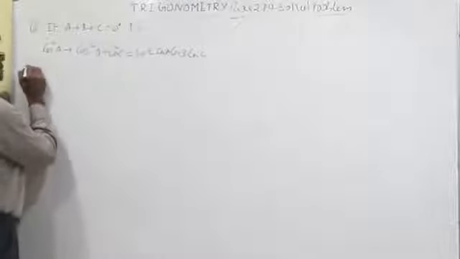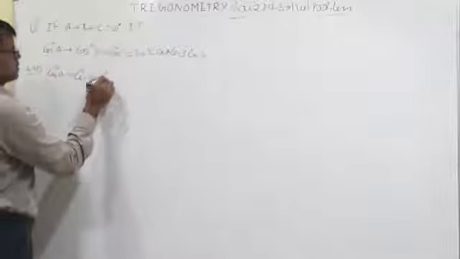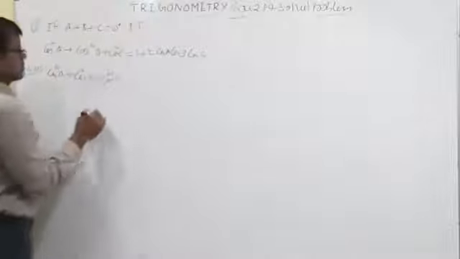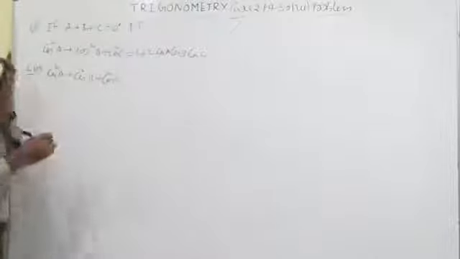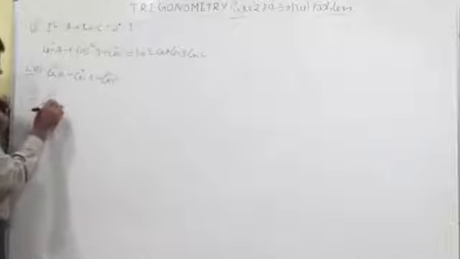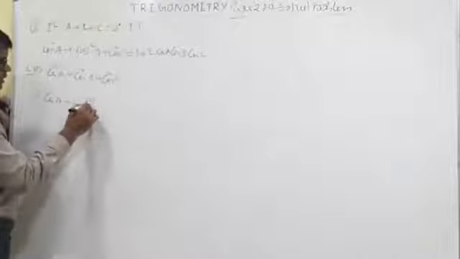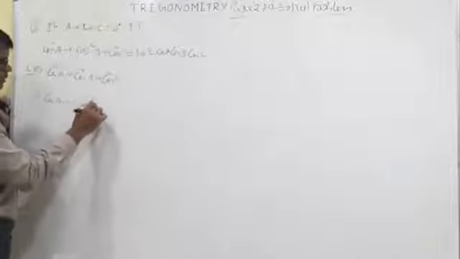So first take LHS and write cos² A + cos² B + cos² C. For the first one you write cos² A as it is, plus you write cos² B as 1 − sin² B, plus cos² C as it is.